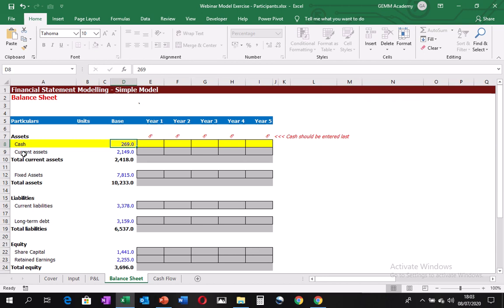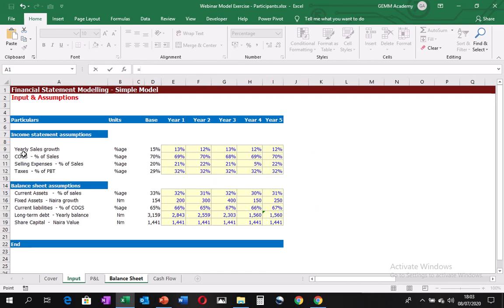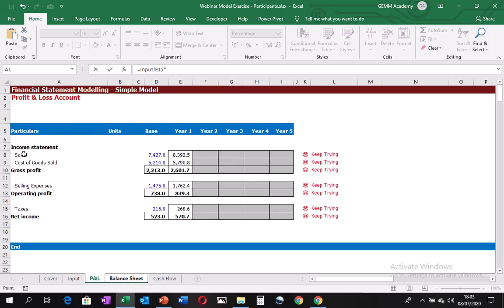So we'll move to the next item, which is current assets. Year one forecast for current assets equals to, I go to my assumption page and look at the assumption for current assets, which is applied on sales, a percentage of sales. So 32% multiplied by sales. You can get sales in the P&L account.